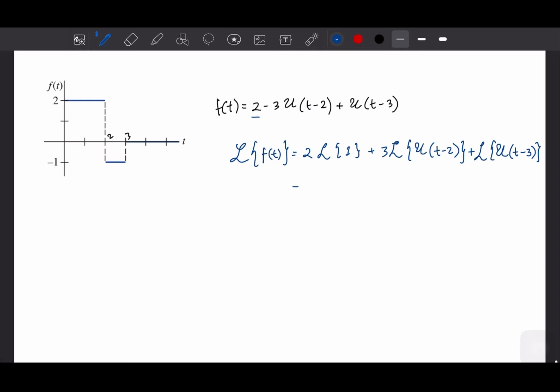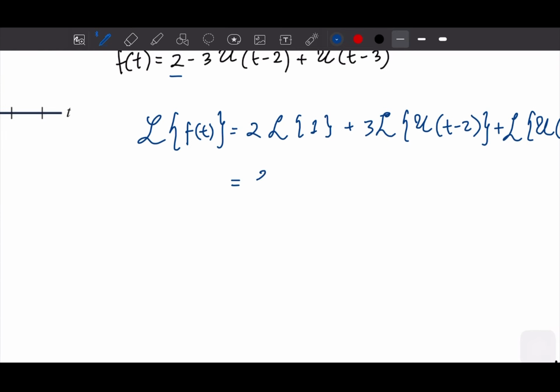Now this part, 2 over s, is nothing really complicated.